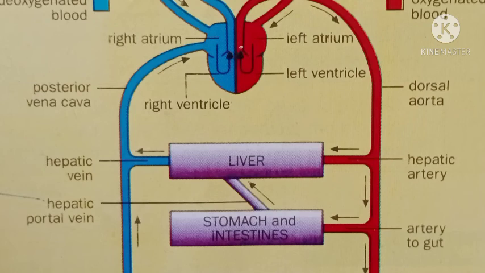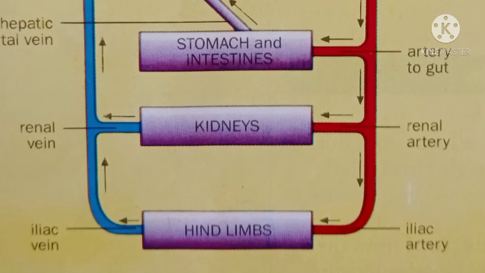Then comes the renal artery, which transports the blood to the kidneys, and the renal vein, which transports the blood back to the heart. And at the end, there is the iliac artery, which transports the blood to the hind limbs or our legs and feet, and the iliac vein transports the blood back to the heart.